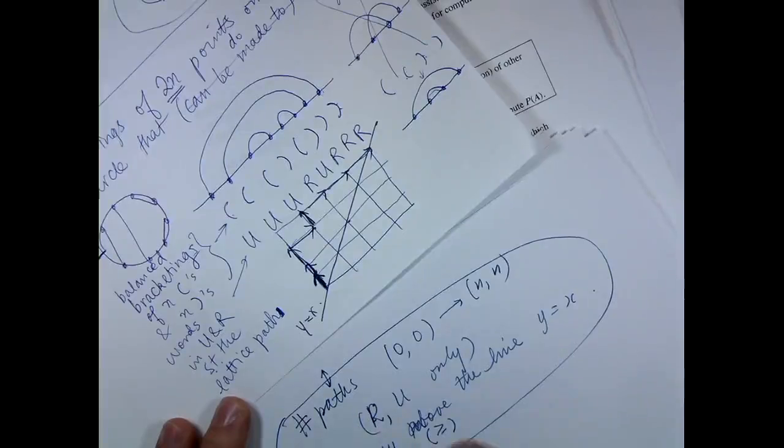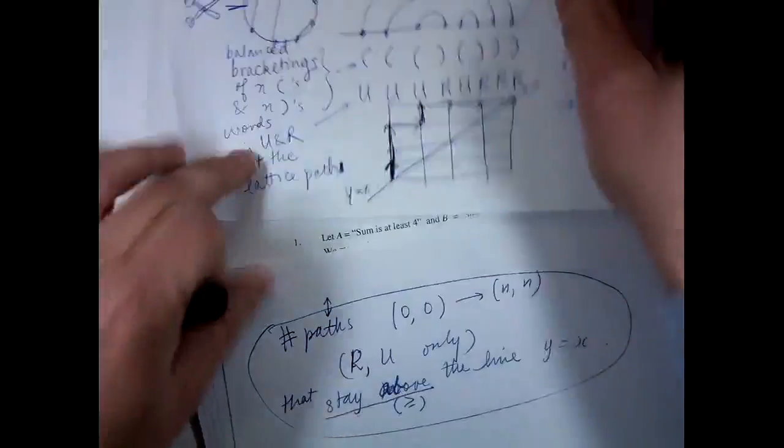So this is the nice bijection we've got for lattice paths, that they have to stay above or on the line y equals x. That is what we're measuring.